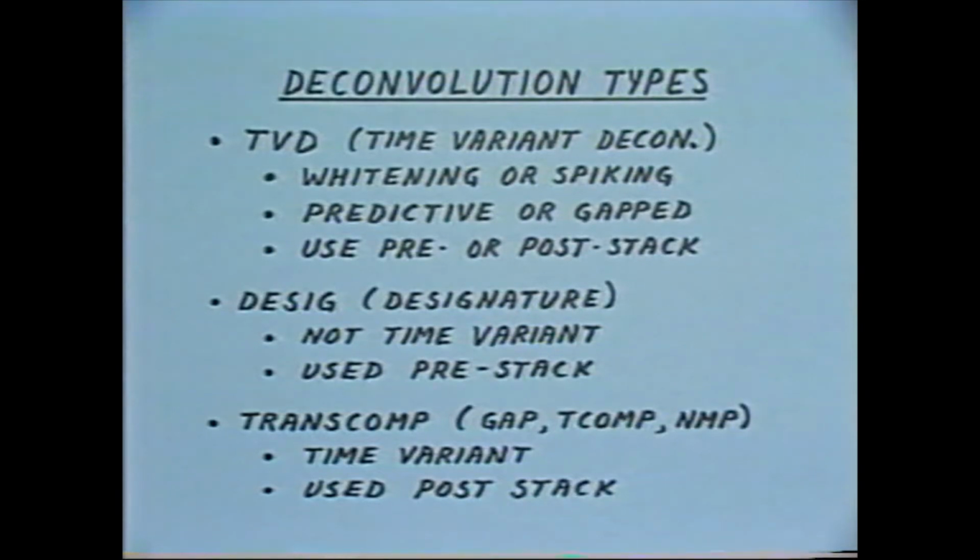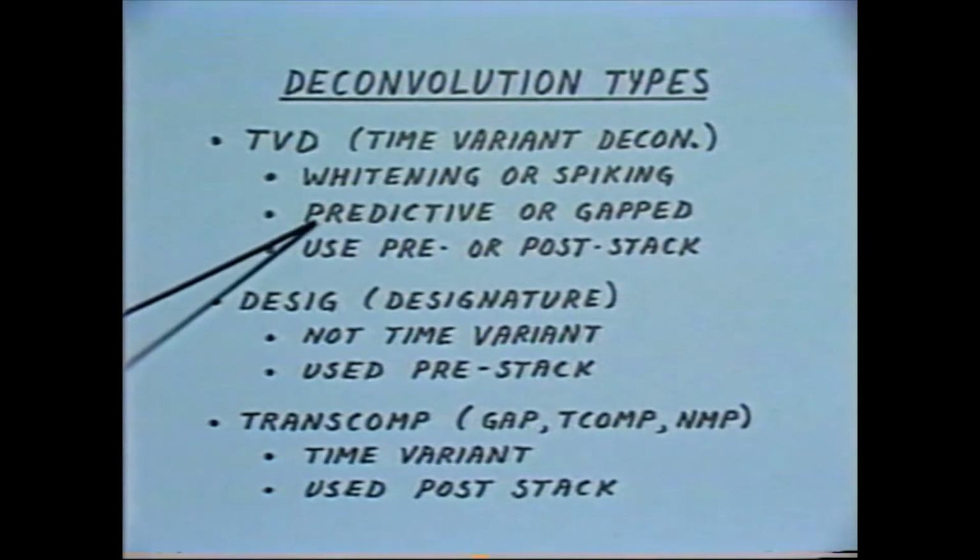The difference between those was that whitening or spiking deconvolution tried to convert the reflection wavelets to a single spike, a very sharp impulse. It could never quite achieve that, but in trying it would sometimes tend to build up a certain amount of random noise on the data. Predictive deconvolution is a process which doesn't try quite as hard to shorten the wavelet, but at the same time doesn't build up quite so much random noise.